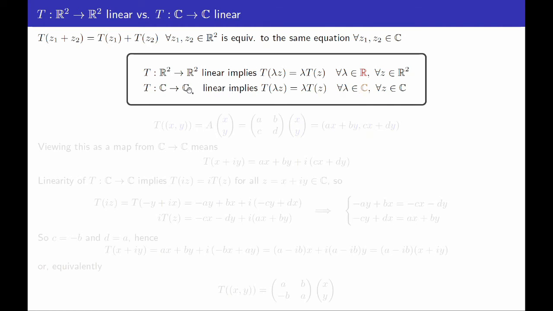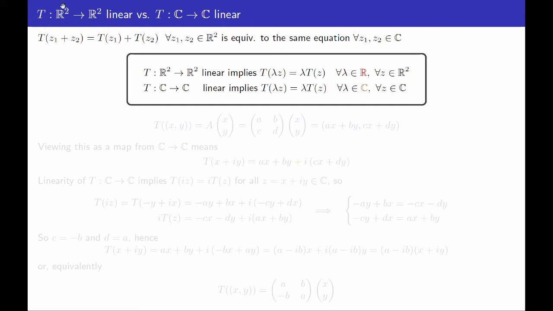So in particular, this is a stronger statement. We require more. We require this identity to hold for all complex numbers. And this is the reason, we'll see later, that complex differentiability is a stronger statement. It requires more than real differentiability. So if we go back to view T as linear maps, this is what's happening.